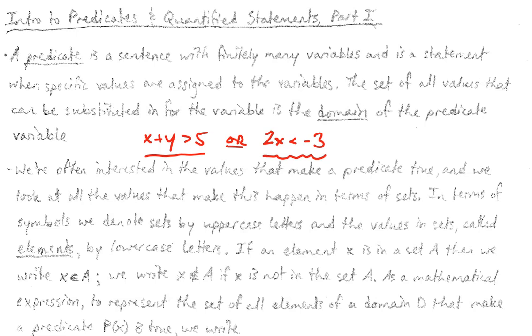So if an element, x, is in some set capital A, we have a special symbol that we write to say that x is in the set A. And it looks like a funky looking semi-capitalized, semi-lowercase e. It is epsilon, which is a Greek letter.